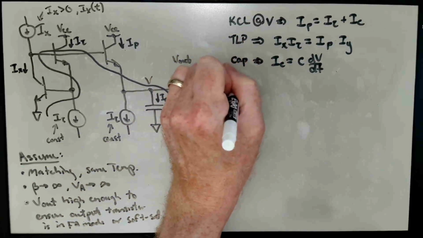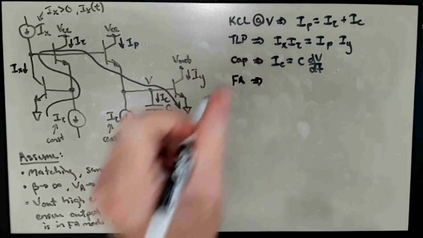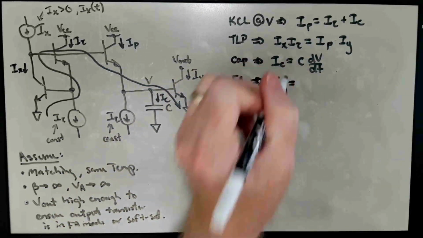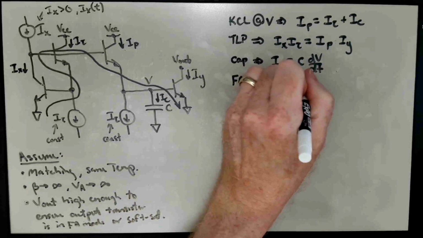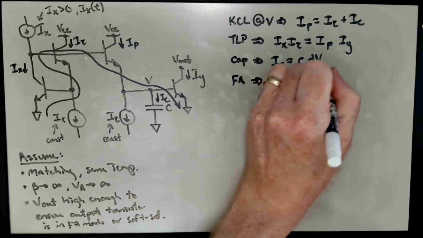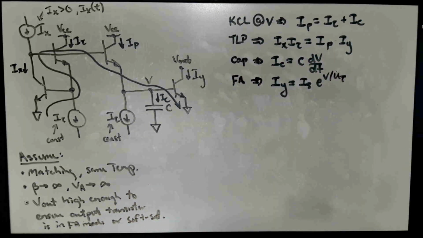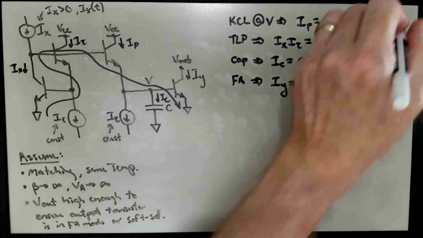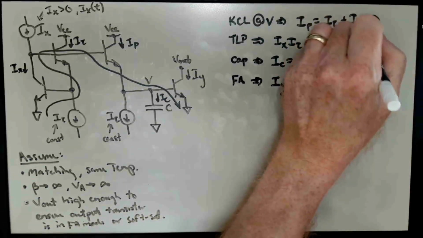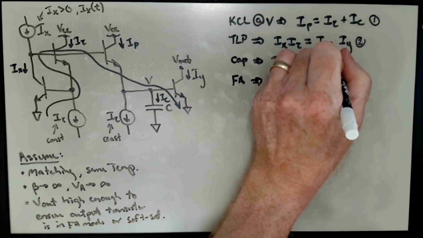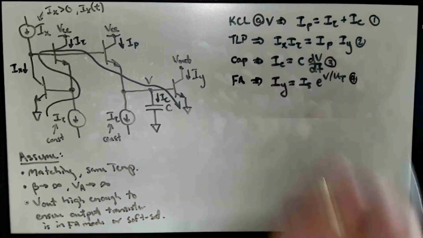We also know something about the relationship between V and IY. So the forward active model tells us that IY is equal to IS e to the V over UT. Okay, so let's call this equation 1, equation 2, equation 3, equation 4.